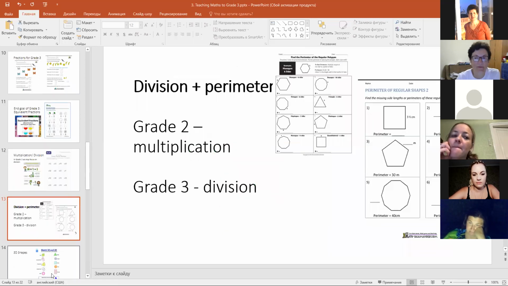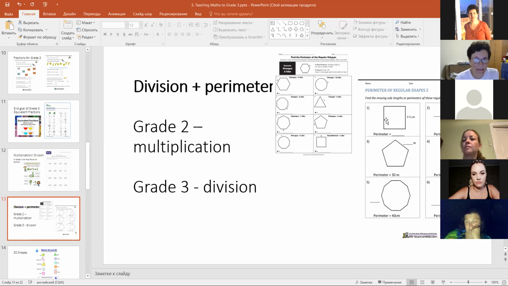After we have talked about division, we go back to our shapes, to equilaterals, because last time we talked about shapes that have equal sides.